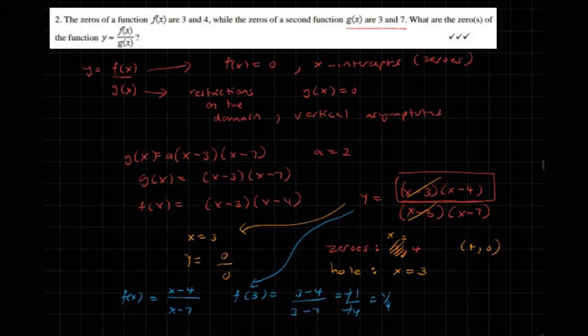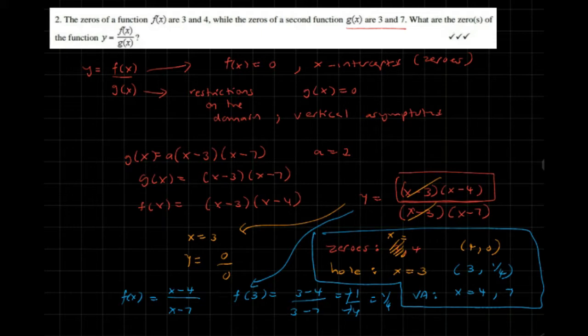So there's a hole at 3 and 1/4. And beyond that, we will also see vertical asymptotes at x equals 4 and x equals 7. So basically this is the summary of our function y is equal to f of x over g of x.